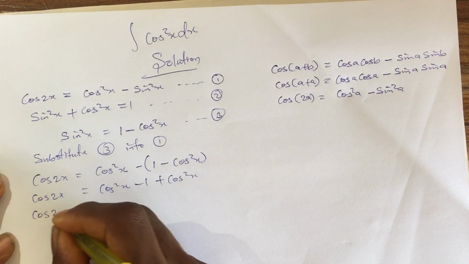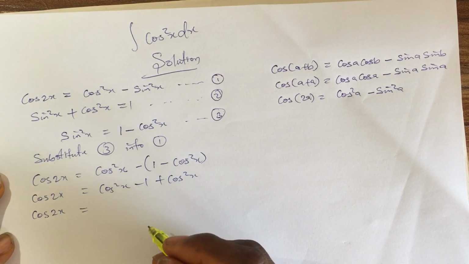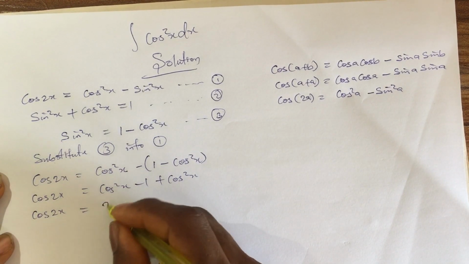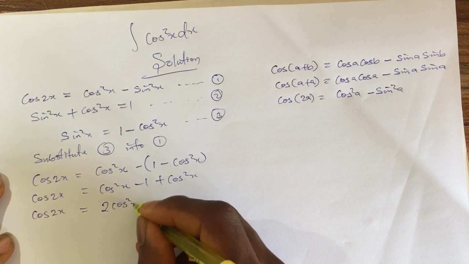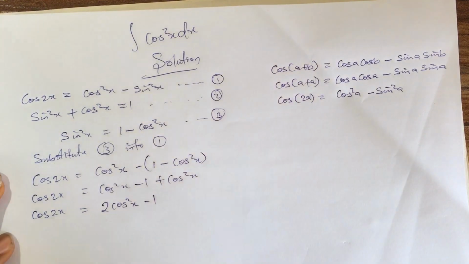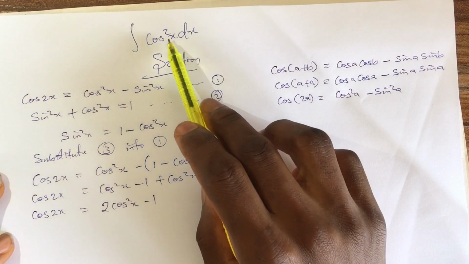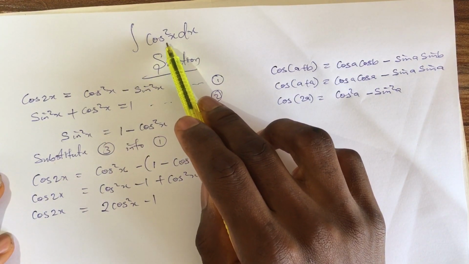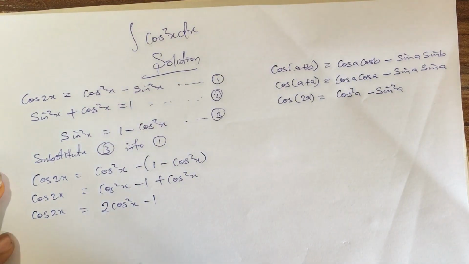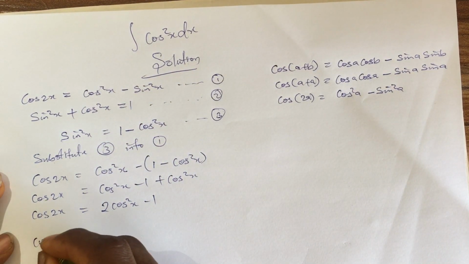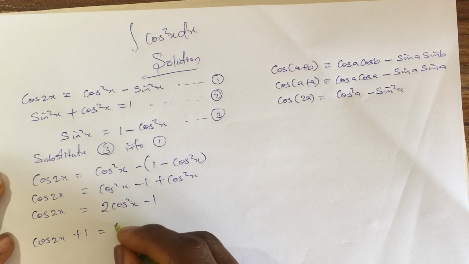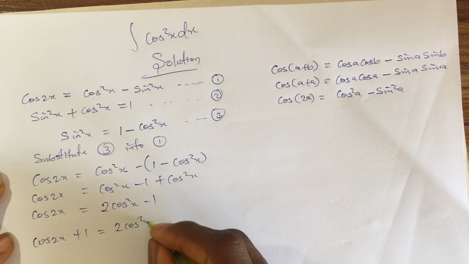And cos 2x is equal to cos²x plus cos²x, that is 2 cos²x minus 1. So our main aim is to get cos²x, and from here we can actually get cos 2x plus 1, which is equal to 2 cos²x.